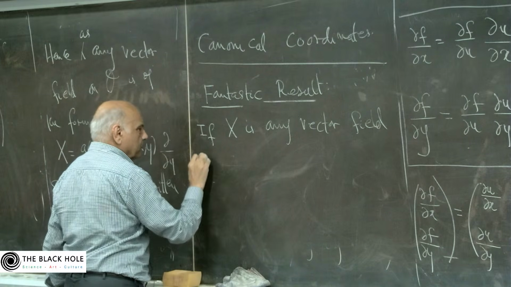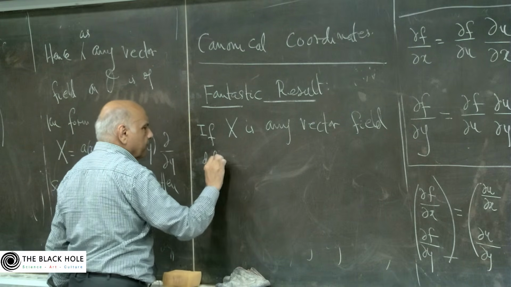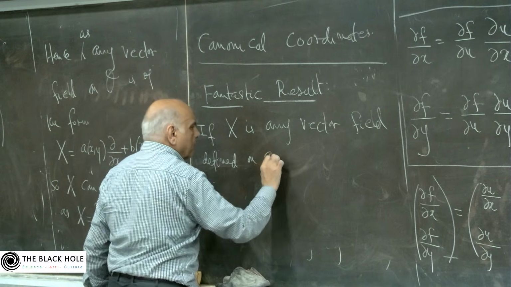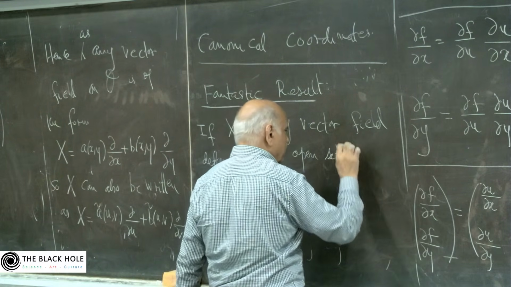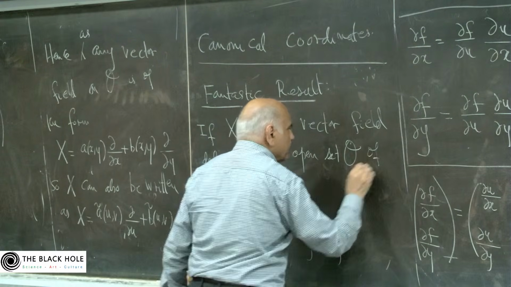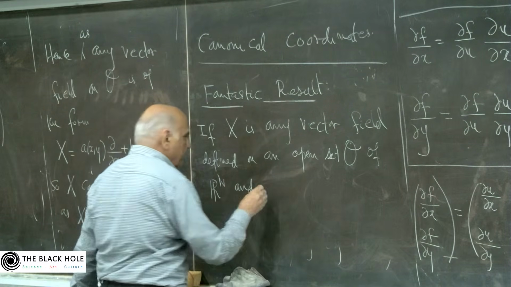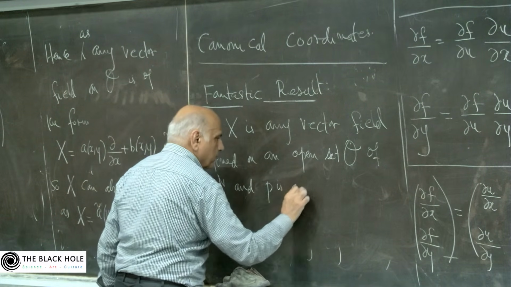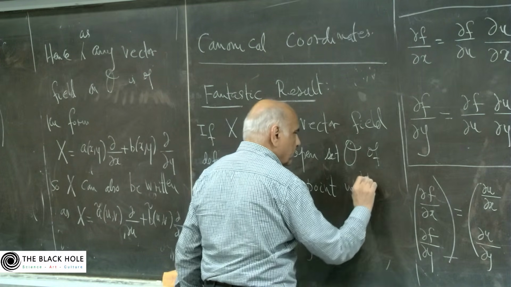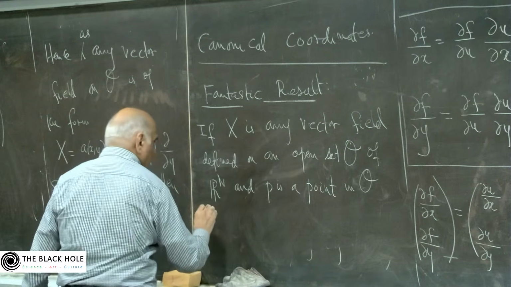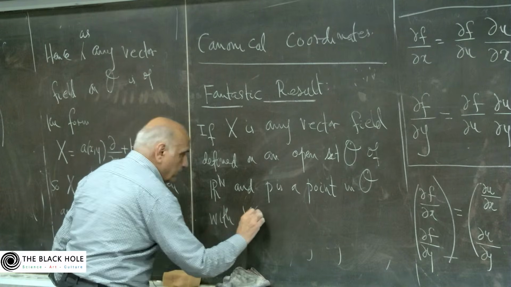X is any vector field on Rn, defined on an open set O of Rn, and P is a point in O with X(P) not equal to 0.